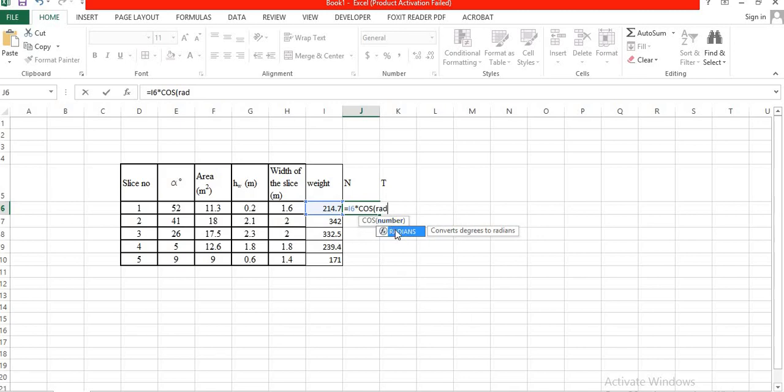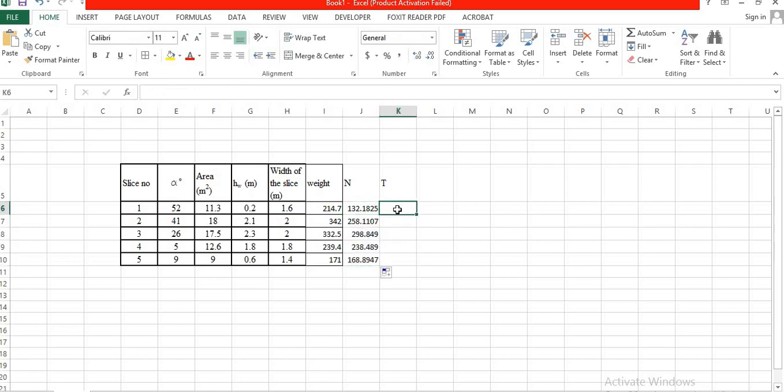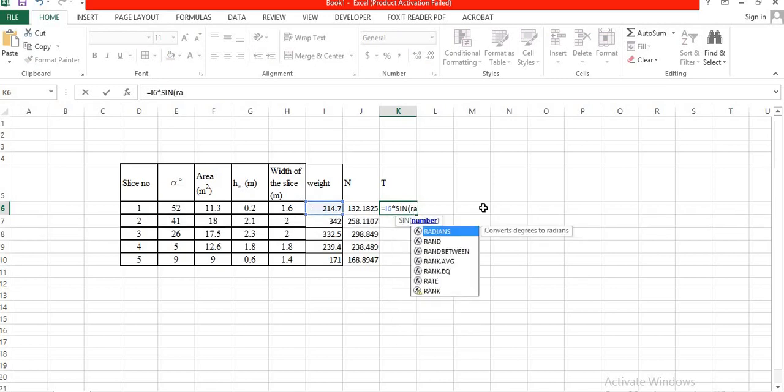This is for Excel. For T, it is W sin alpha, using radians again.